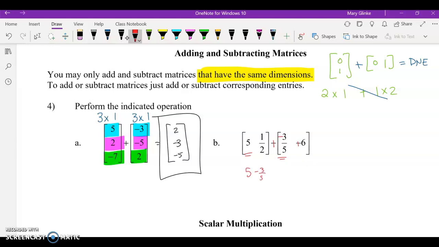And if you need to do some scratch work, find common denominators, that would give us 22/5 as my row 1, column 1 entry. We have 1/2 plus 6, which is equivalent to 13/2. So my resulting matrix again has the same dimensions as the other two when I combine them through subtraction.